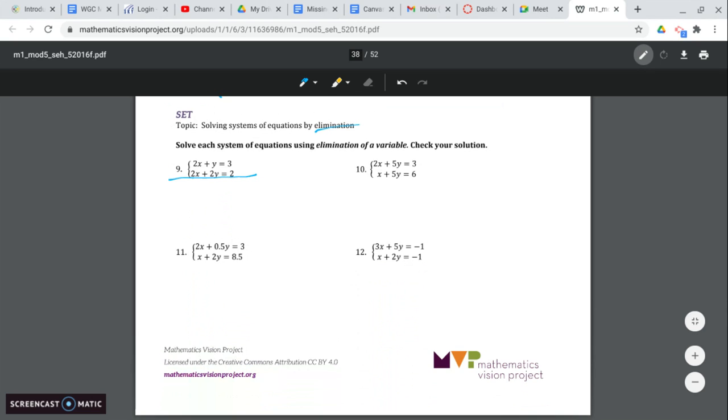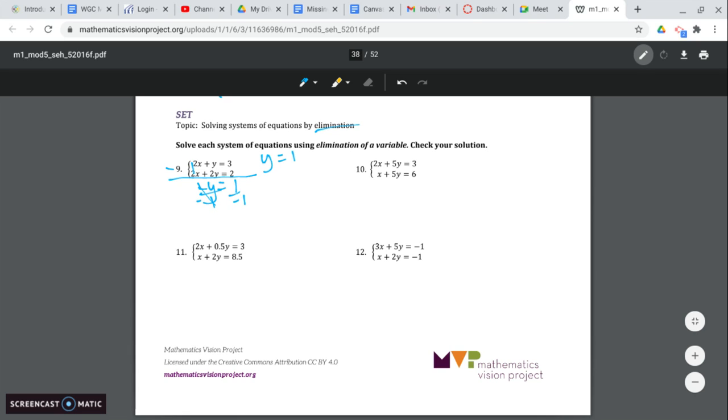So that means we can subtract these. If we subtract, 2x minus 2x is going to cancel out. Y minus 2y is going to give us a negative y equals 3 minus 2 is 1. Well, we never leave our variable with a negative, so divide by negative 1. So y equals 1.